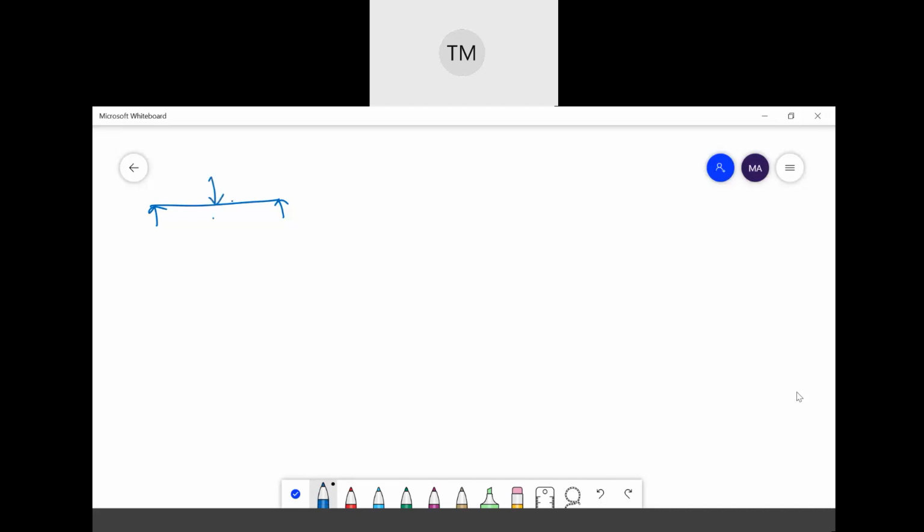The length of the beam is L meters. So first, what I am doing is finding the support reactions of the beam. The load on the beam is W.